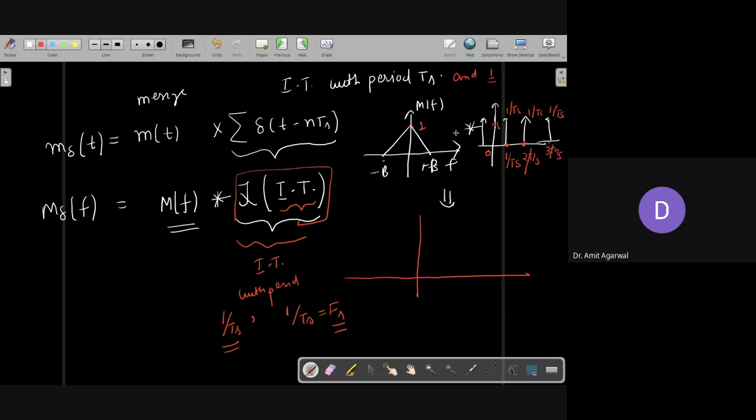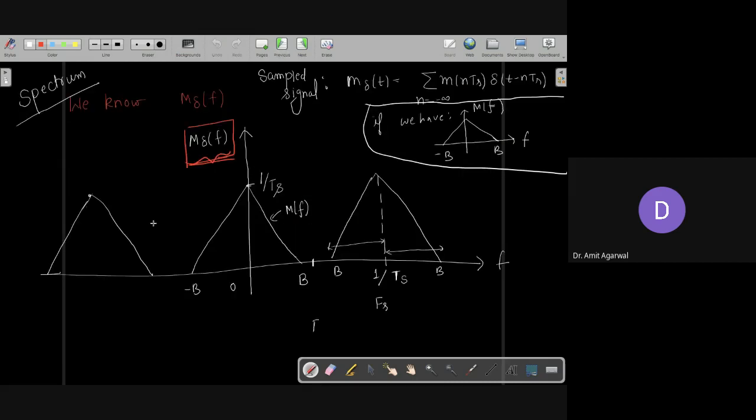So you will shift this signal at 0, at 1 by Ts, similarly here also. So if you plot it properly, the spectra of the ideal sampled signal would look like this. अब देखो, अभी समझ में आ रहा है? 1 by Ts is nothing but Fs, which I have told you, the sampling rate or sampling frequency.